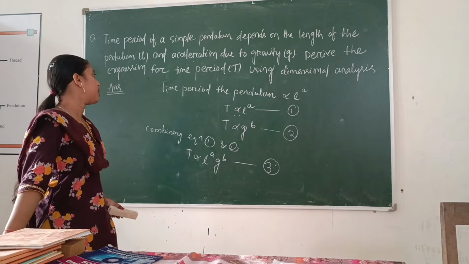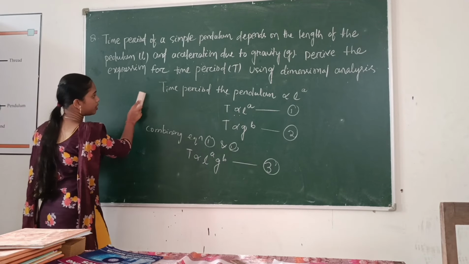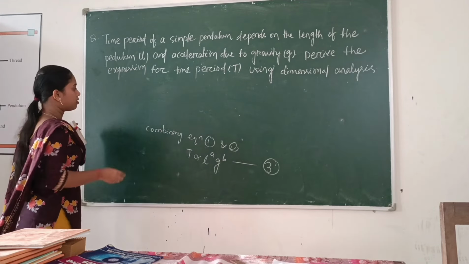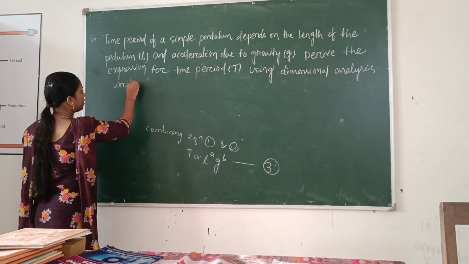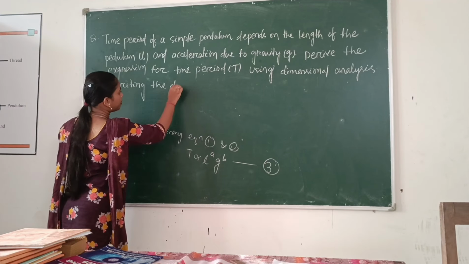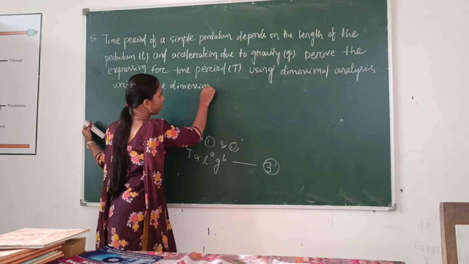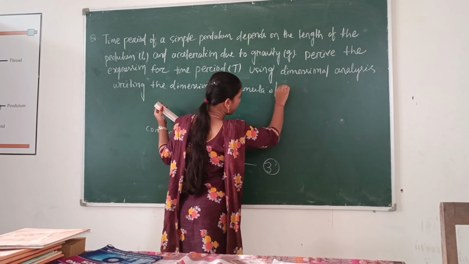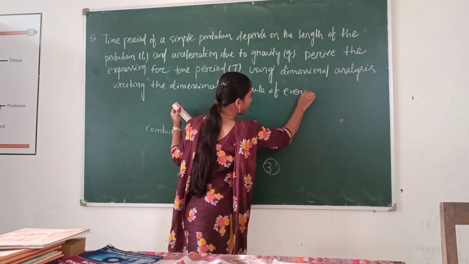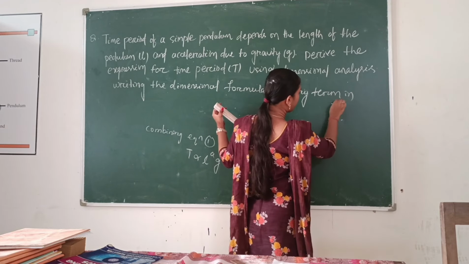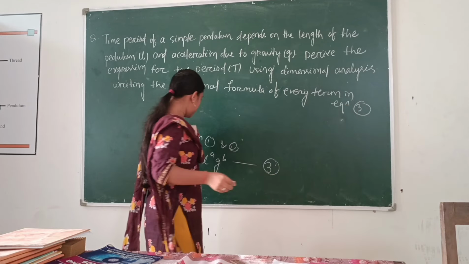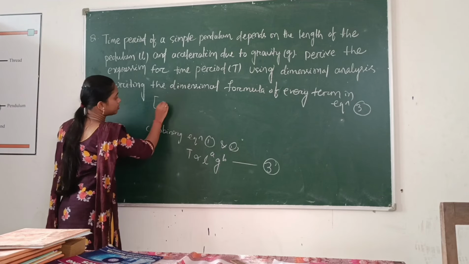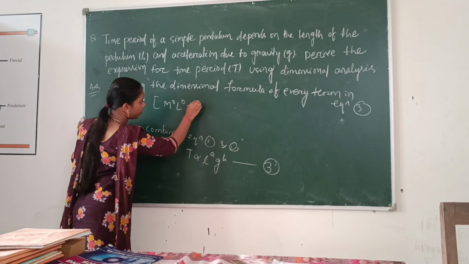So writing the dimensional formula of every term in equation 3, here T. I can write the dimension of T: T dimension is M to the power 0, L to the power 0, T to the power 1.